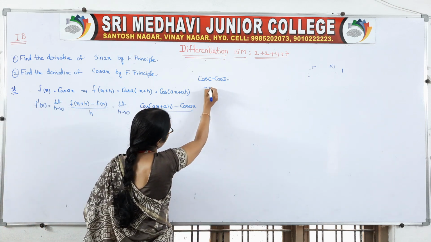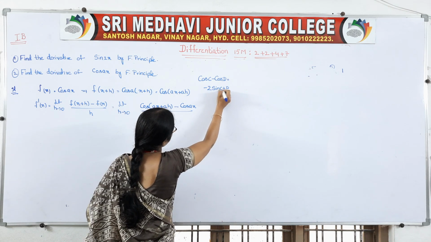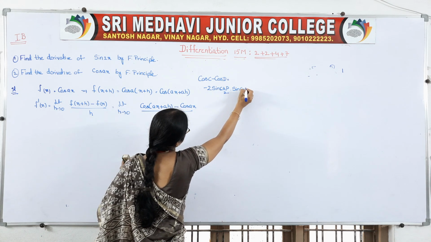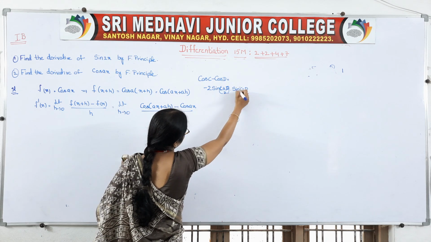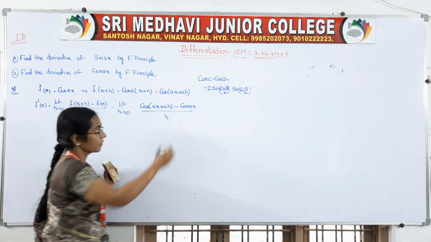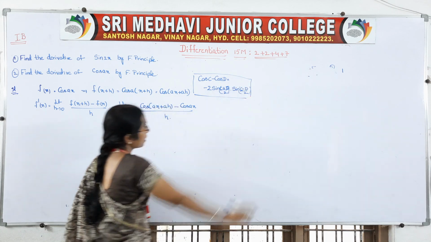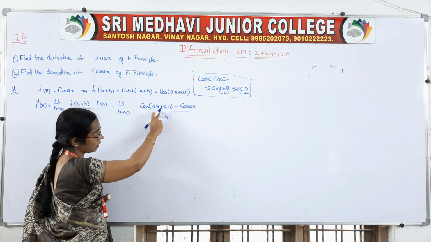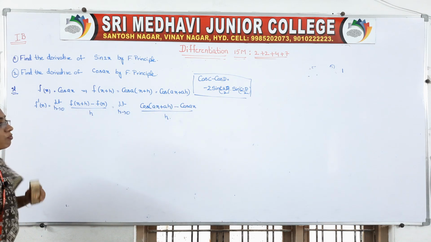Yes, it is there: minus 2 sin of (c plus d) by 2 into sin of (c minus d) by 2. Right? So this is the formula in trigonometry whenever it is of the form cos c minus cos d. Our problem is in that form only, so we can apply that formula.